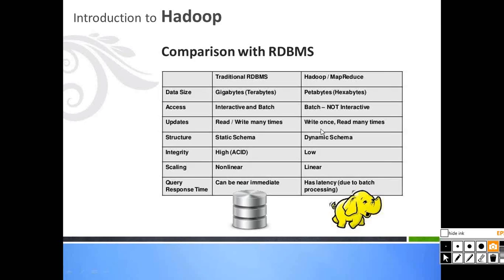Ingest the data, or import the data into Hadoop, means write the data in Hadoop once, and then it is not subjected to updations frequently. The main objective is to read it as many times as you need and in different formats. But it is not highly supportive for updations of data because of its architecture.